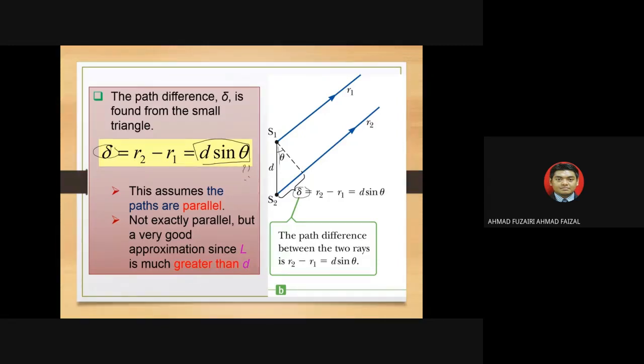From this small triangle, sine theta equal to delta over d. So we get delta equal to d sine theta. This assumes the paths are parallel, which is approximately true because L is much greater than d.